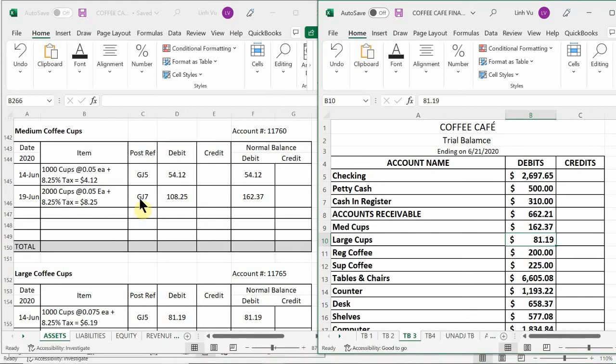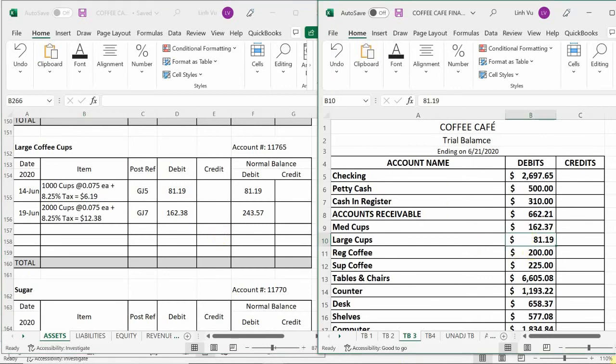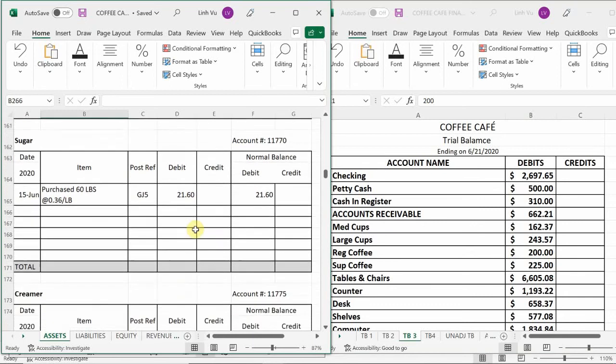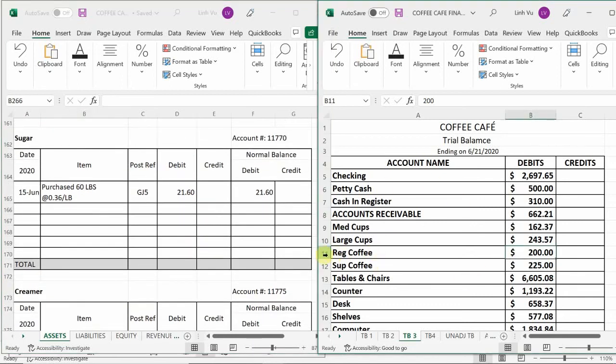What about my large cups? Did I buy more cups? Yes. 243.57. What else did I buy? I bought some sugar and some creamer. Okay, so that means I need to insert more rows.